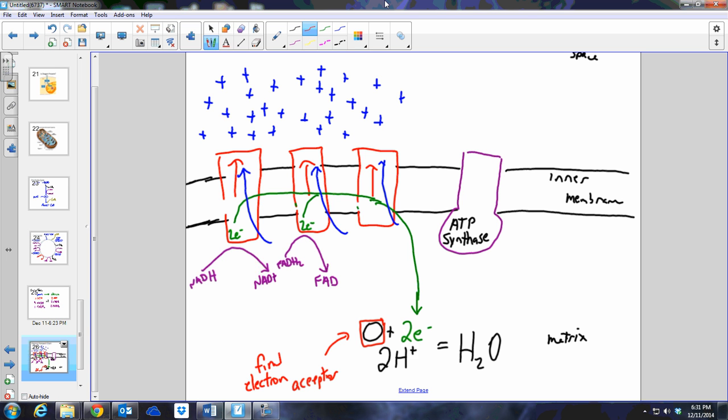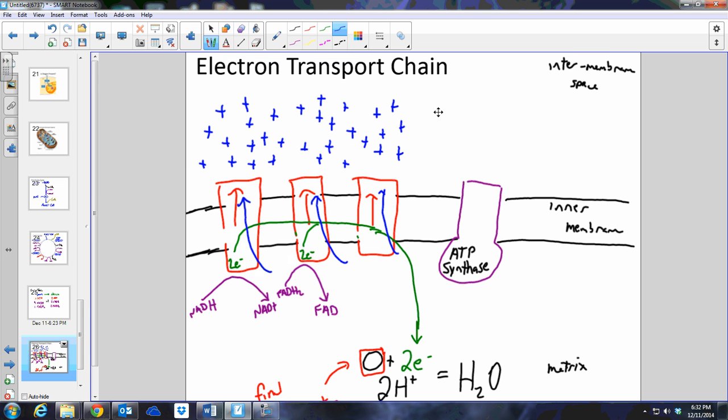So we have built up a concentration gradient, and our friend ATP synthase knows exactly what to do with a concentration gradient. So there is a large concentration gradient of protons in the inner membrane space, and they will diffuse across the membrane using ATP synthase. And when they do that, ATP synthase is going to spin around.